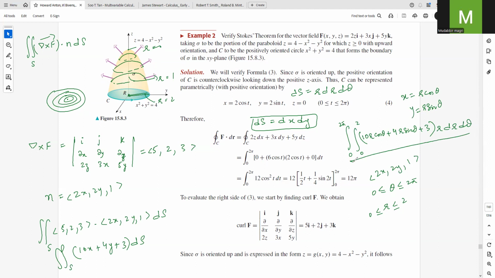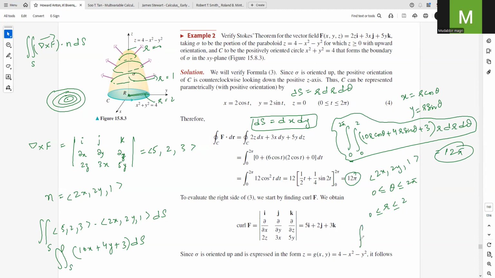Now we need to solve this integral to find the value of the surface integral. We will get the result 12 pi after solving it. You can just verify the result. Earlier, when we solved the left hand side, you can see that we got the result 12 pi.